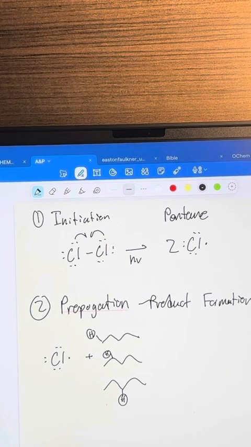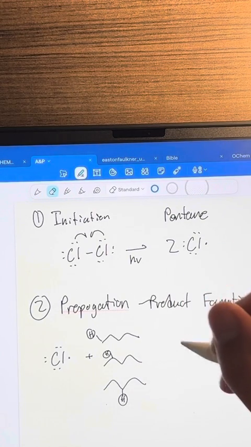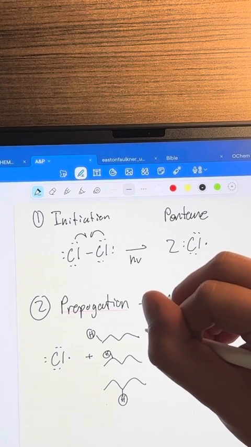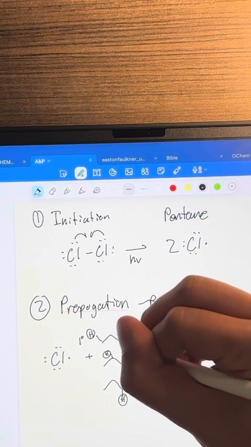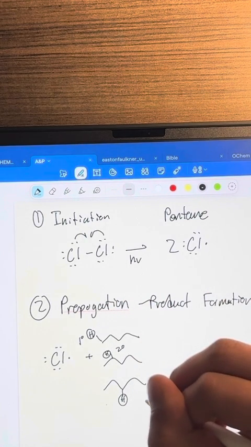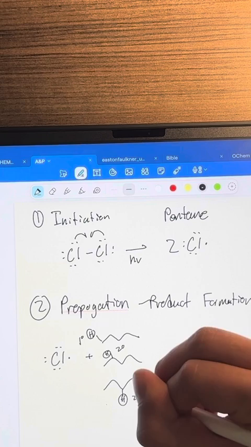So it can react with each of these. In this first one, this is a primary hydrogen, secondary hydrogen, and this one is secondary as well.